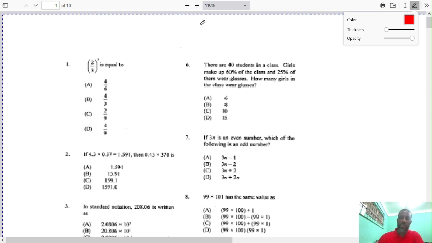Okay, so let's go. So we have 2/3 square. What that simply means is 2/3 multiplied by 2/3.